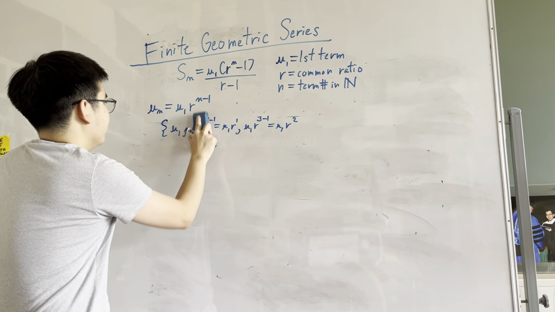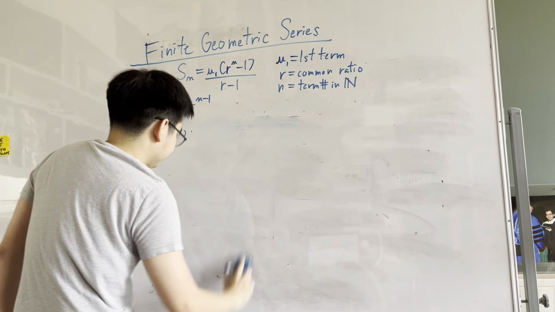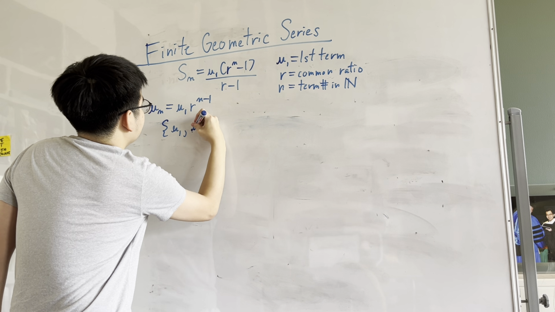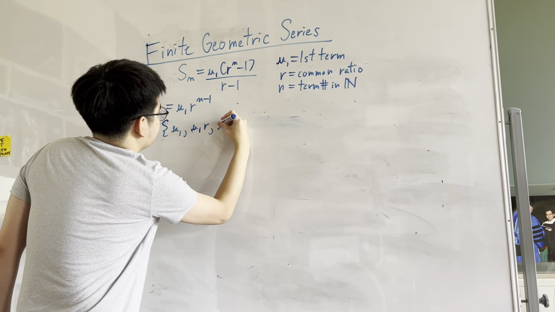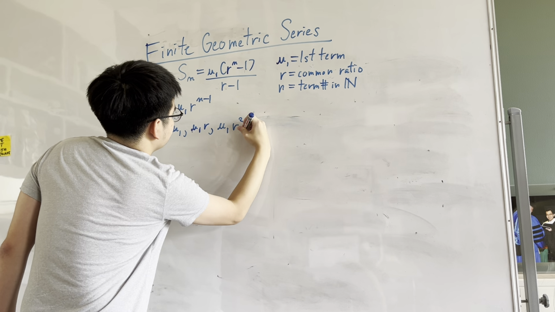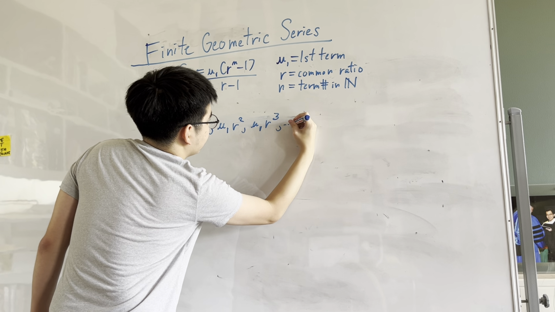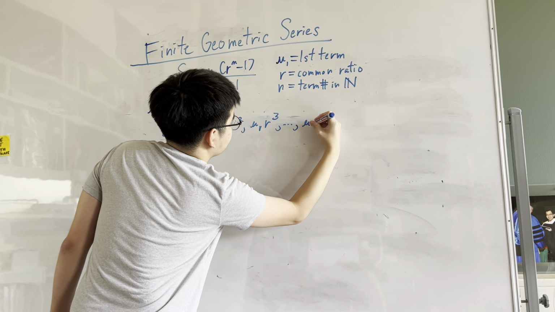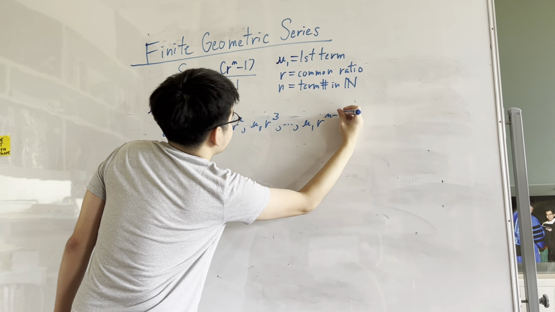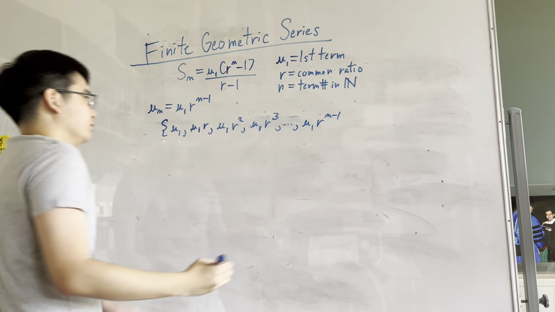So I hope I can write the rest very quickly for you now. We start with u sub 1, we have u sub 1 r, u sub 1 r squared, u sub 1 r cubed, all the way up to u sub 1 r to the n minus 1, which is the most general term we have over here.